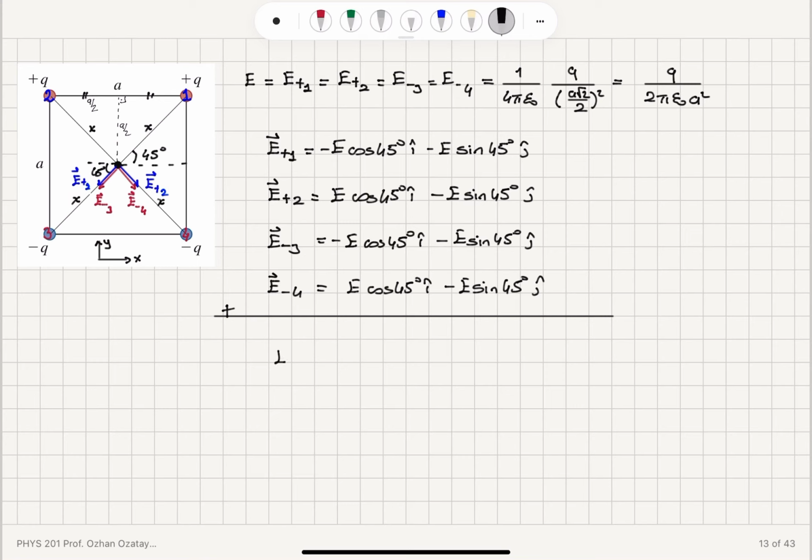So we obtain the total electric field at this point to be, you can see that these are canceling in pairs. So this is canceling this one. And you can see this is canceling this one when I add it up. So I'm left with only the y-axis components.